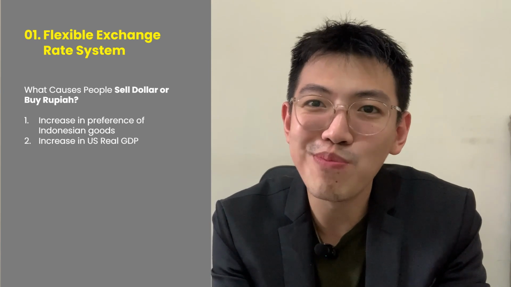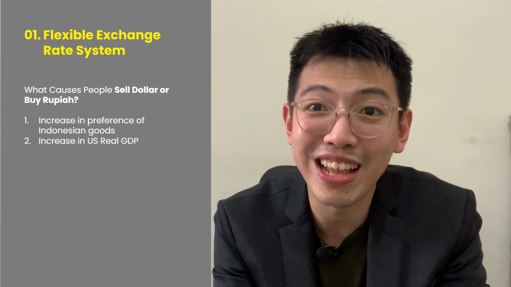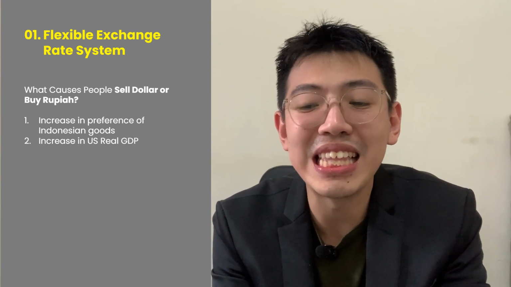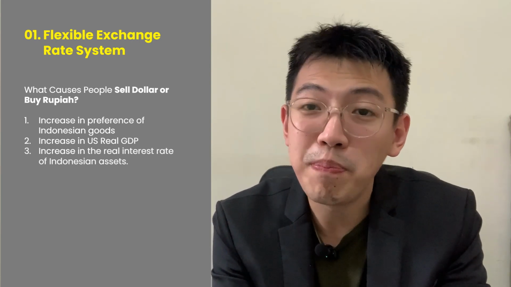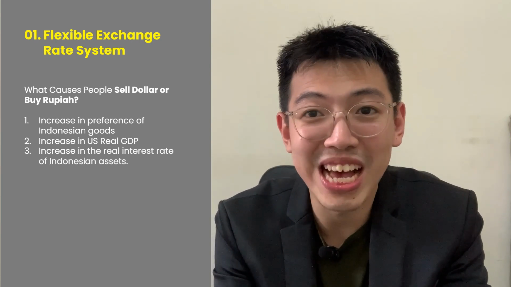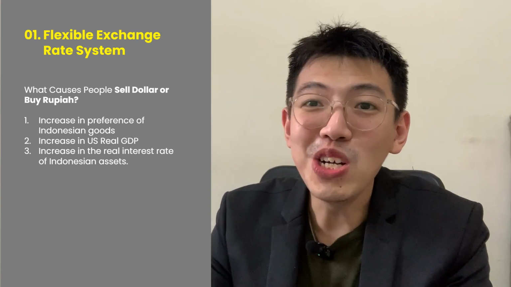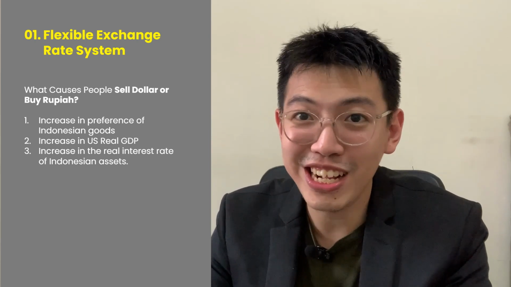It will cause many consumption and they try to sell dollar to buy other currency. And the third one is an increase in the real interest rate on Indonesia assets. People choose to purchase Indonesia asset and then they sell dollar to purchase rupiah. Those three reasons will make the supply of dollar increase.